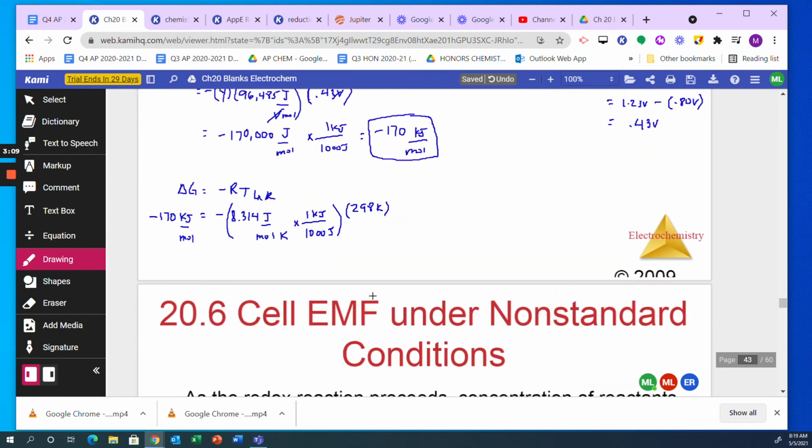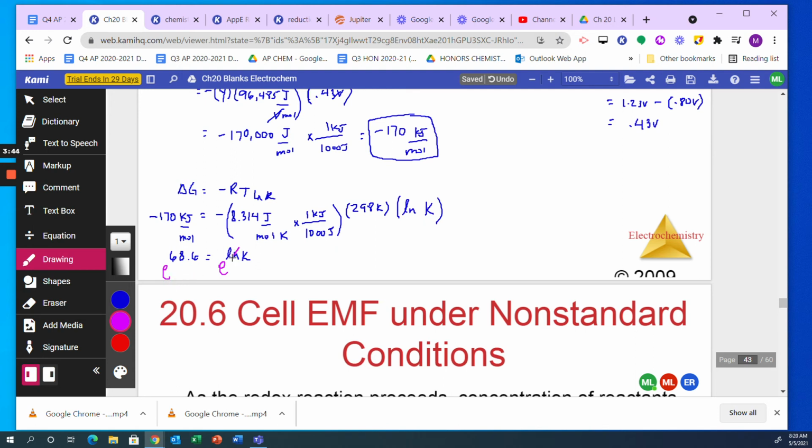Okay. And then you solve for ln of K. When you divide these two numbers, you're going to get 68.6, which is going to be equal to ln of K. To get rid of the natural log, you do E on both sides.